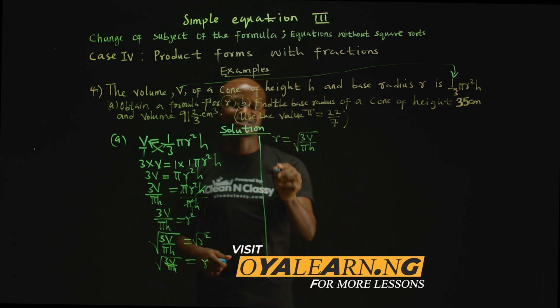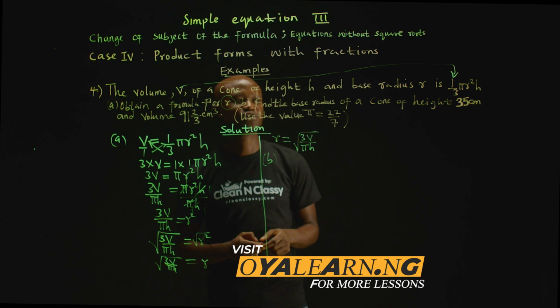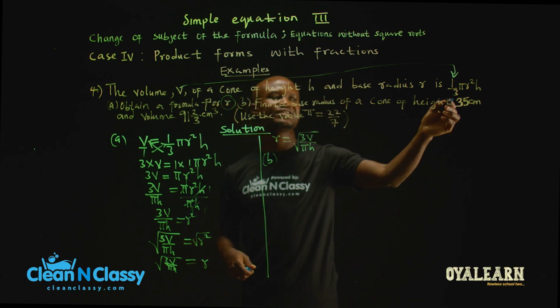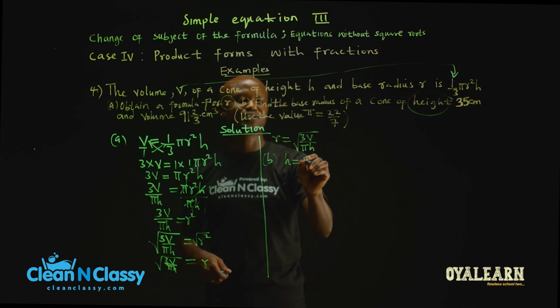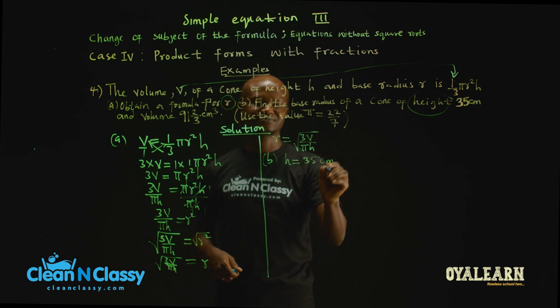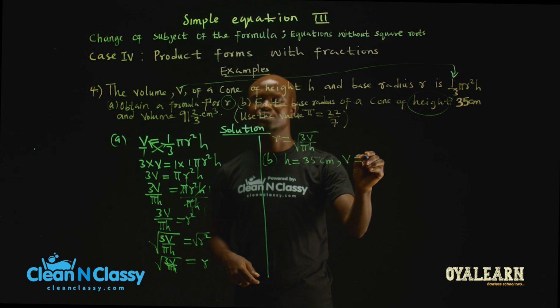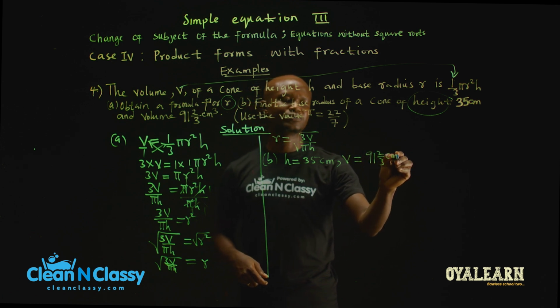Now the second part: find the base radius of a cone of height. And what is the letter for height? That is h. So we are given h to be 35 centimeters and the volume equals 91 2/3 cm³.